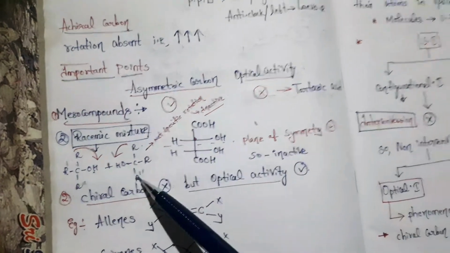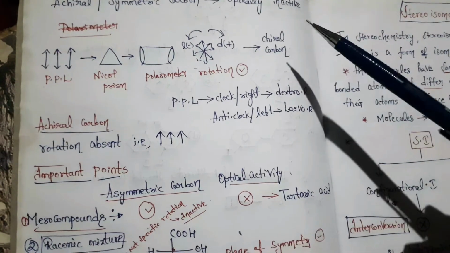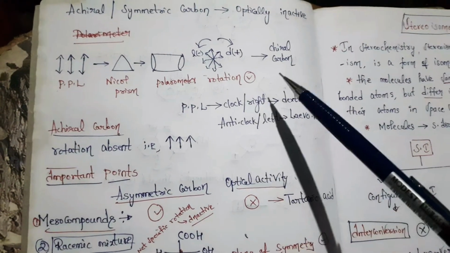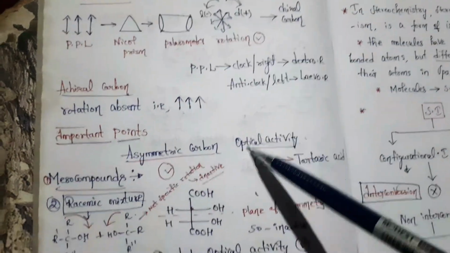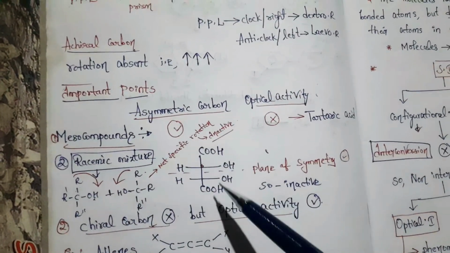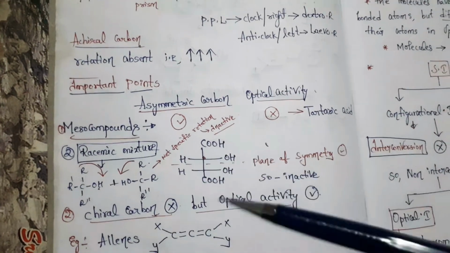So this is a special case. According to the point we discussed, chiral compounds show optical activity, but here even though these are chiral, they are not exhibiting optical activity. So this is a special case.